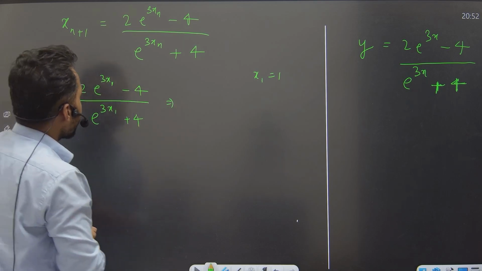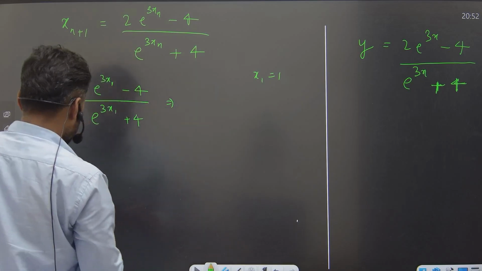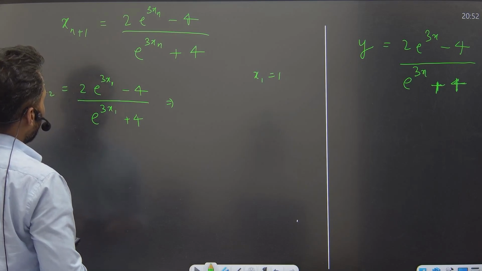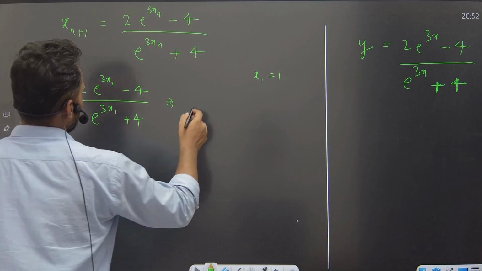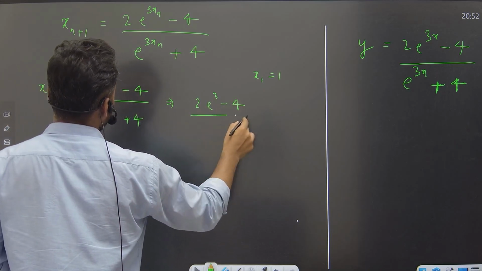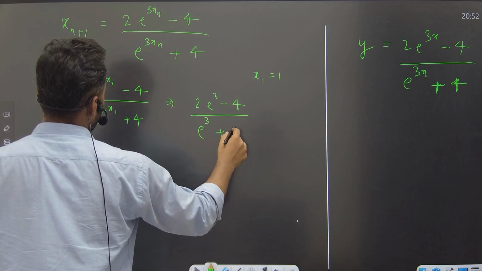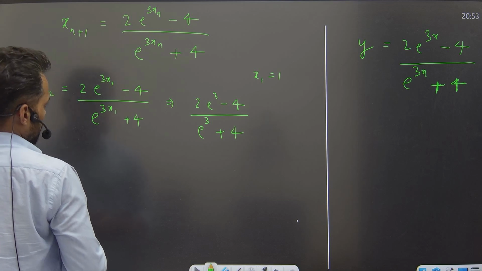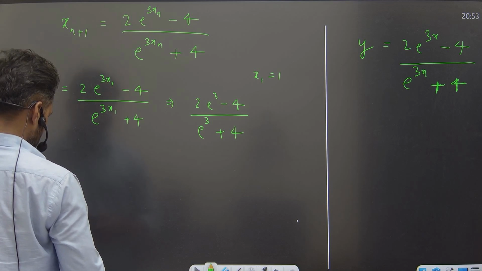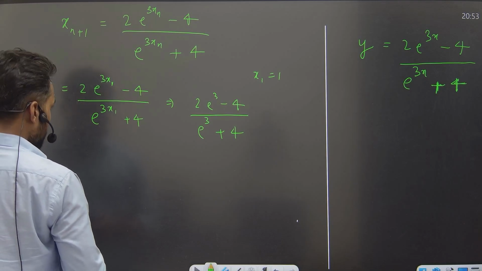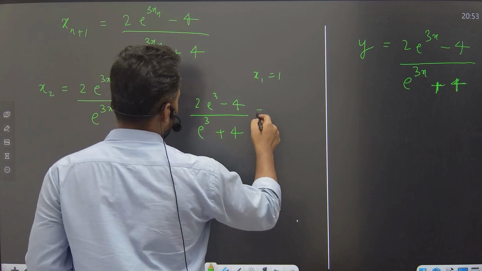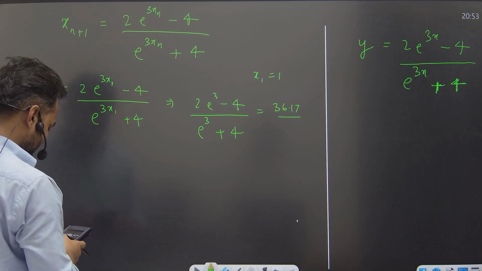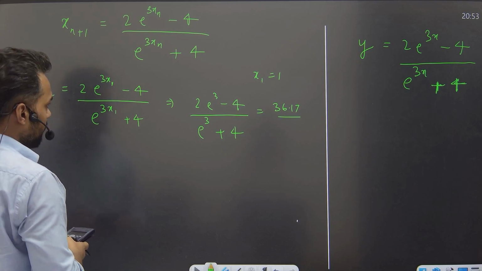So what will we get? 2e^3 minus 4 upon e^3 plus 4. 2 times e^3 minus 4 is 36.17 in the numerator, and on the denominator part it will be 5.09.